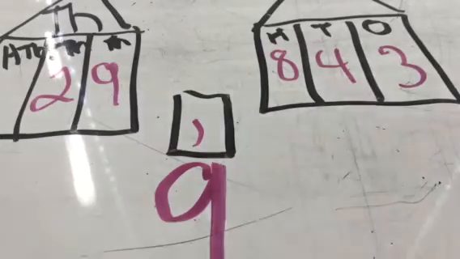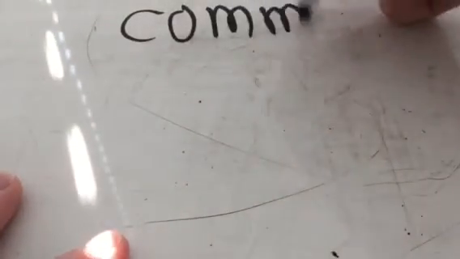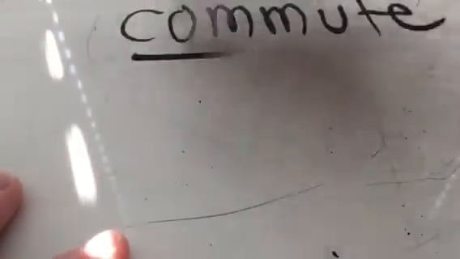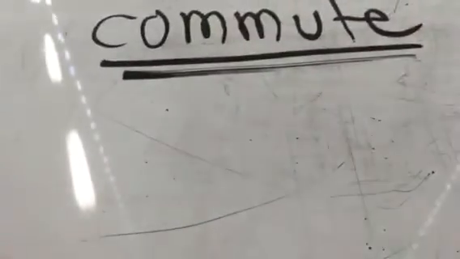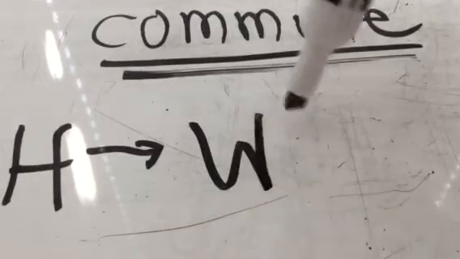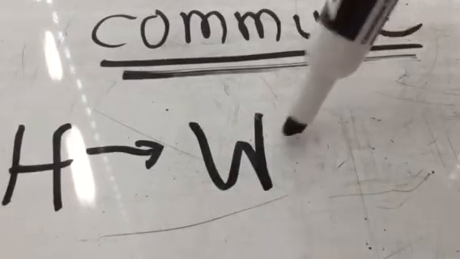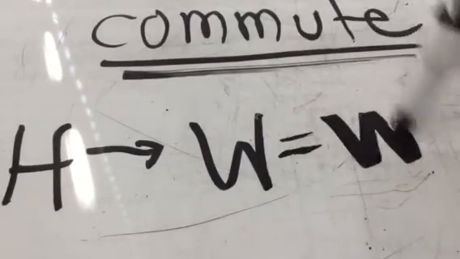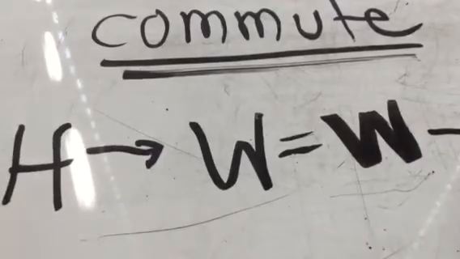Okay, number 2 says using the commutative property of addition, complete the equation. So if you remember, last week we talked about the commute, like your parents commute to work, meaning that they go from your house to work, and then on the way home, they go from work to your house.